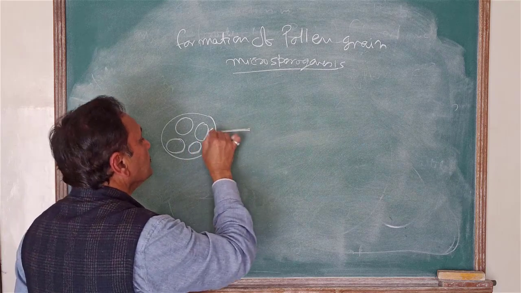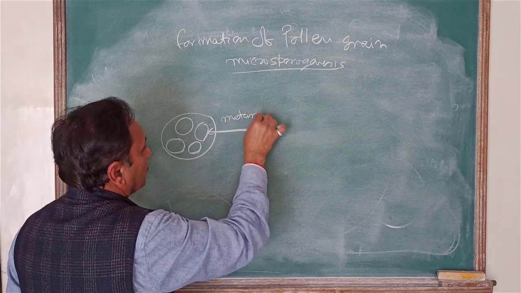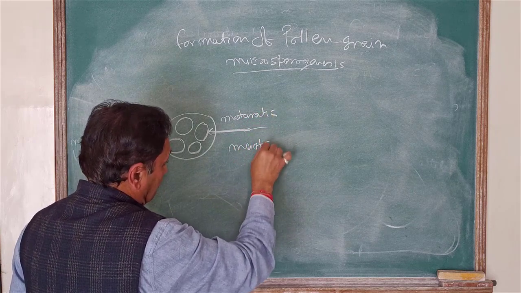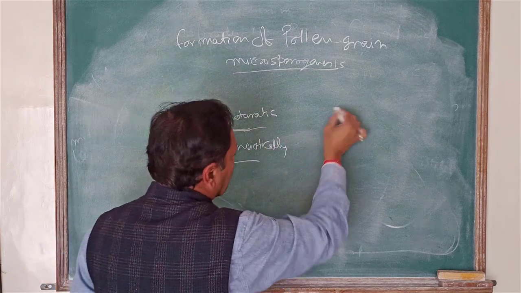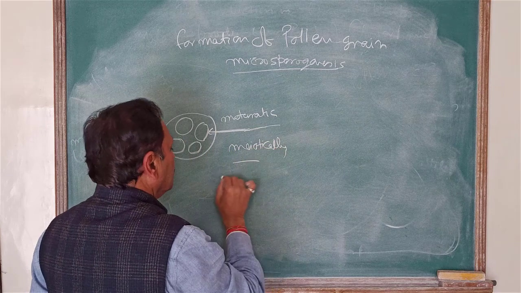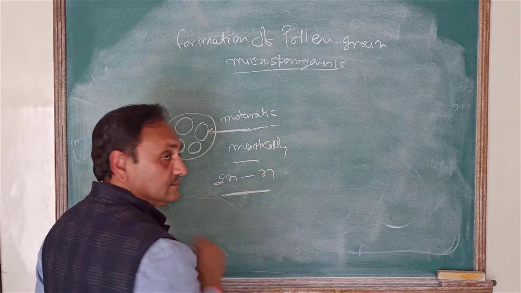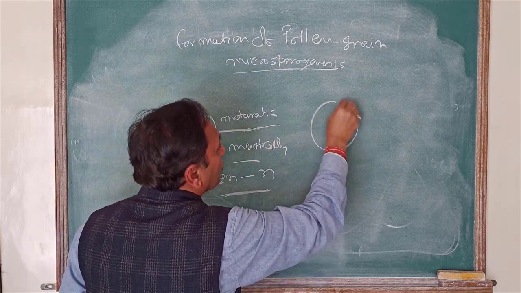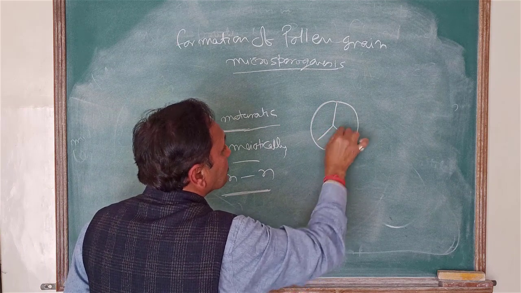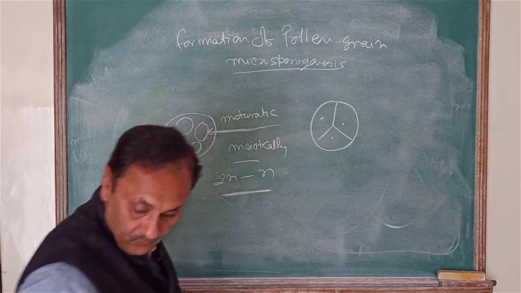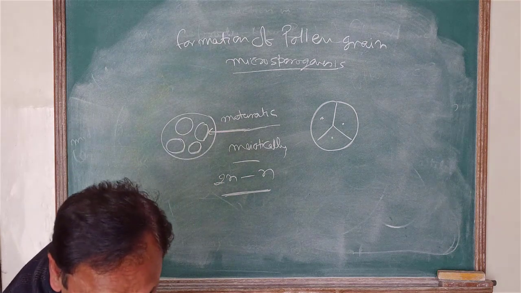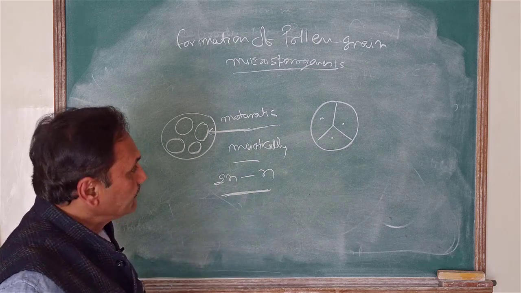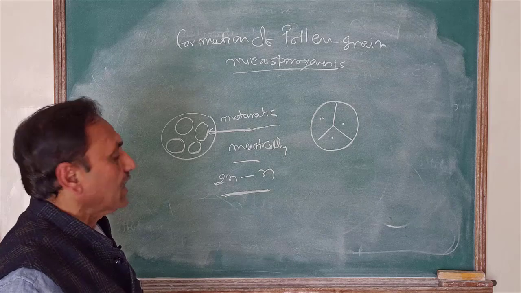After attaining maturity, they divide meiotically, that means 2n. One microspore mother cell forms four pollen grains, and these four pollen grains are not separated immediately but are attached in the form of a tetrad.